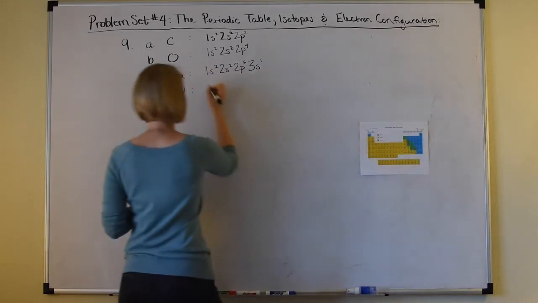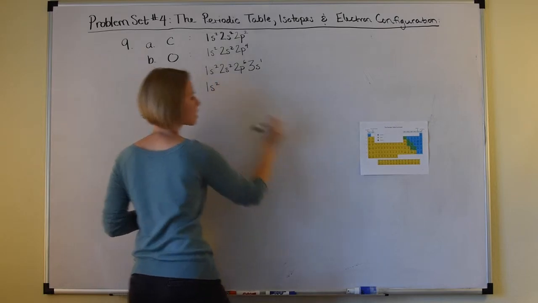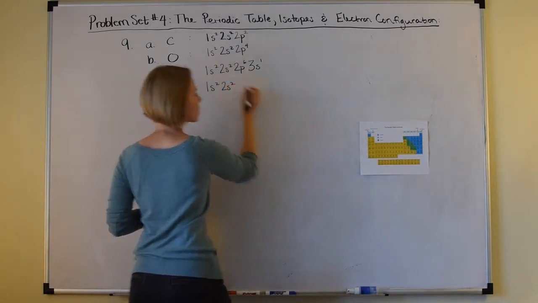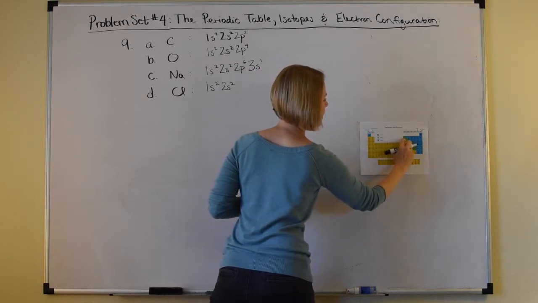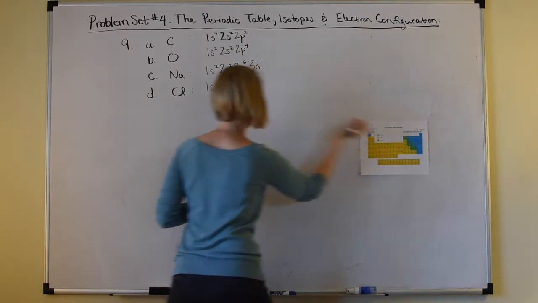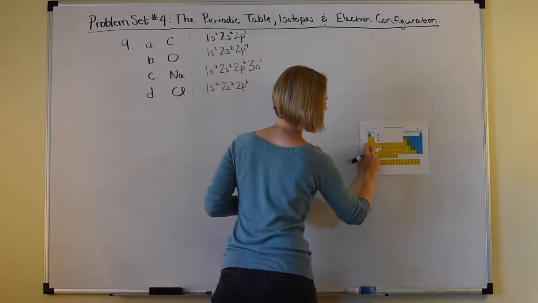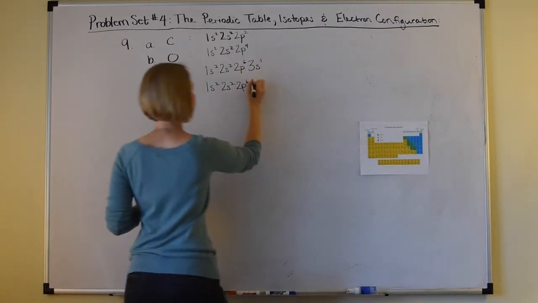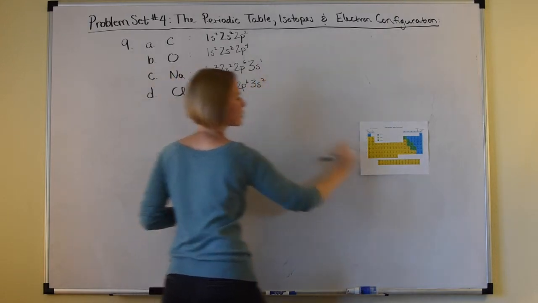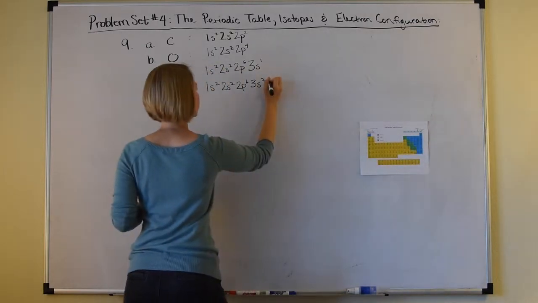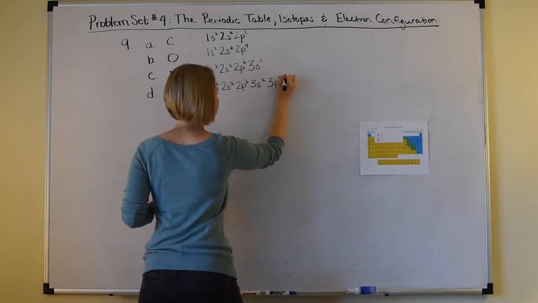So let's do the full one first. 1s2, go down to 2, 2s2, still in the 2, it's full, so 2p6, all the way down to 3, so 3s2, we're counting all the way over to chlorine, so still in the 3, 3p now, 1, 2, 3, 4, 5, 3p5, okay.